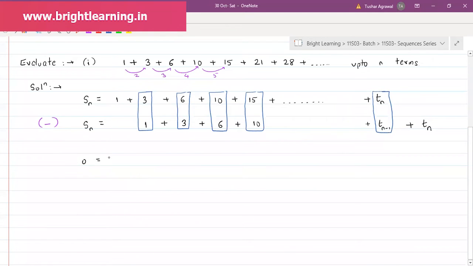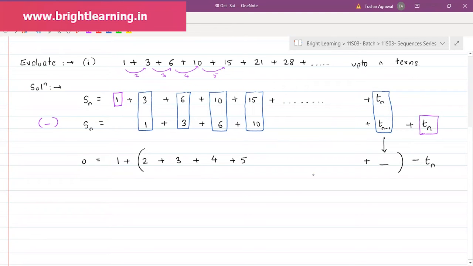This is 1, and 3 minus 1 is 2, 6 minus 3 is 3, 10 minus 6 is 4, 15 minus 10 is 5, up to whatever that last difference is, plus something, and here subtraction of Tn. These terms survive separately: 1 survives separately, Tn survives separately, and these differences form an arithmetic progression among themselves.